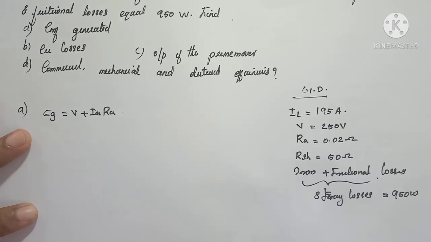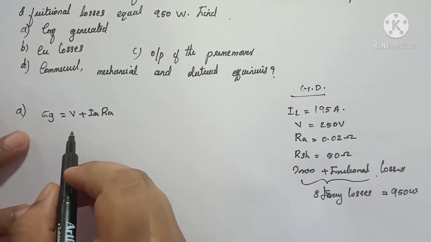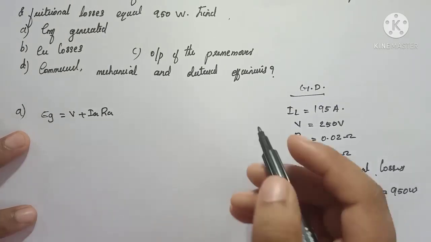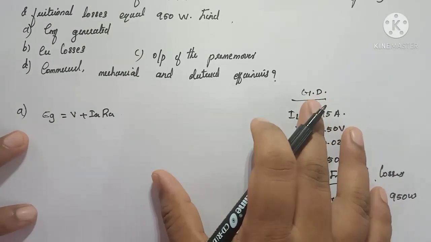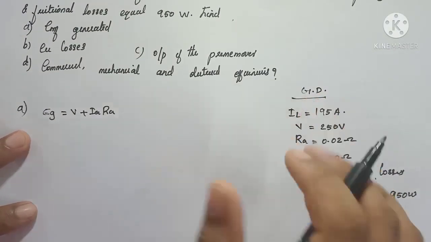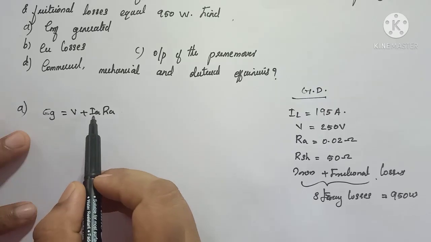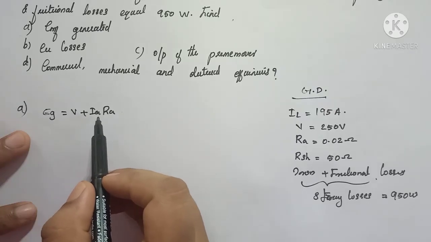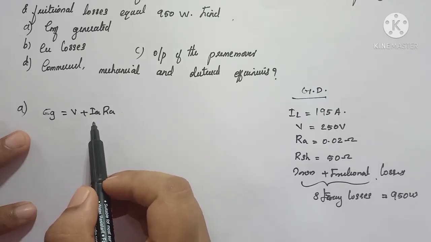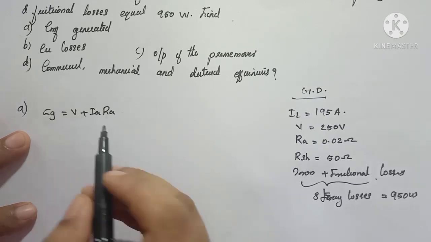For that, from this data, first we can calculate current through the shunt field, because armature current Ia is the sum of shunt field current and the load current.